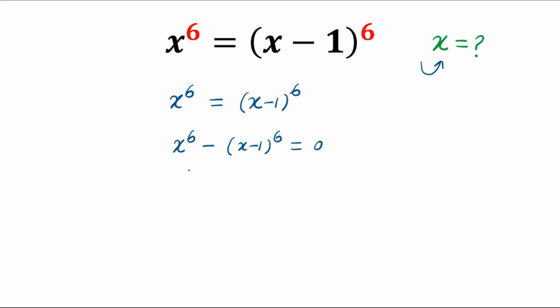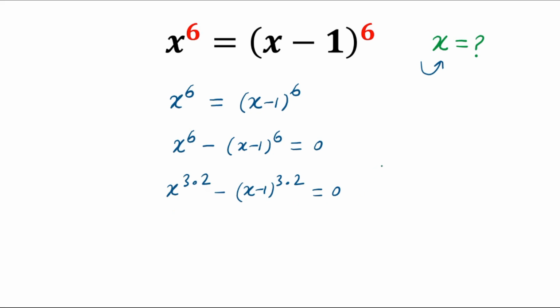Now first we will write this x power 6 as x power, we can write this 6 as a product of 3 times 2, minus, similarly here the base is x minus 1 and we can write this power as a product of 3 times 2, and this is equal to 0.